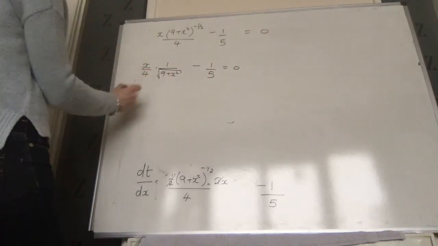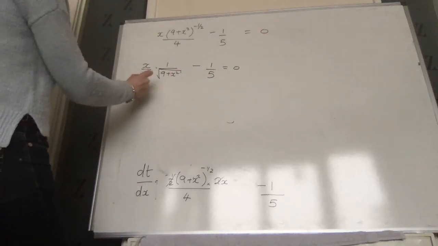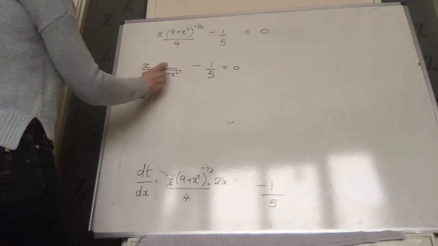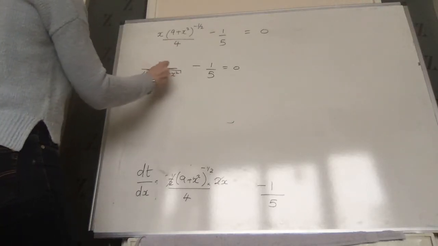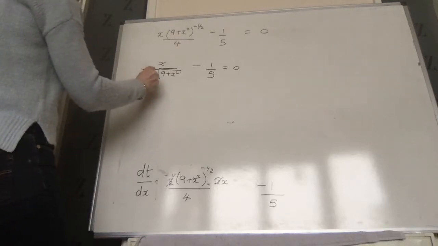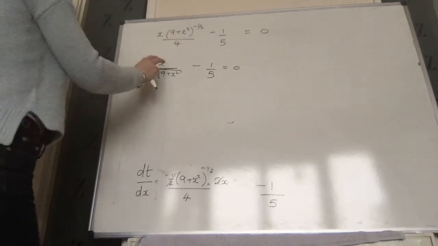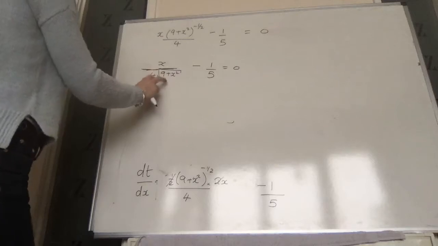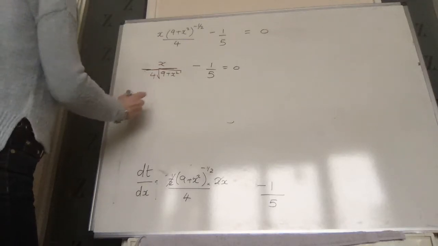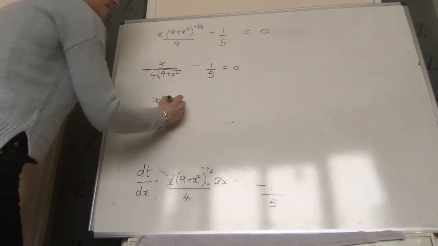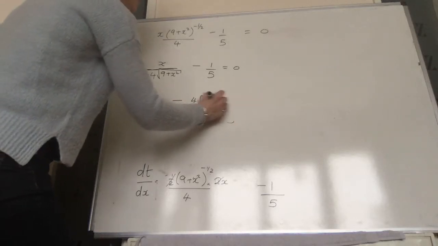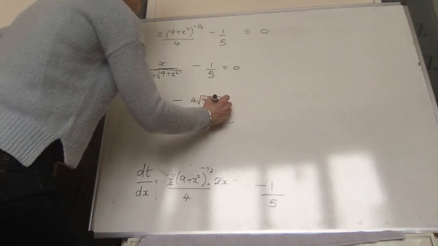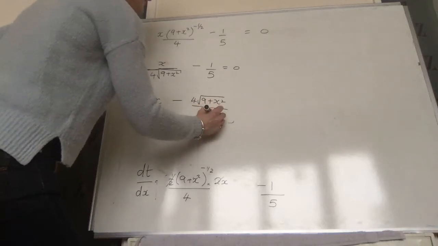So let's multiply across to get rid of the fractions. So that's really top by top, so that's just x. And bottom by bottom, so that's 4. Okay? Now, get rid of the fraction by multiplying by 4 root 9 plus x squared. So that becomes x minus 4 root 9 plus x squared over 5.